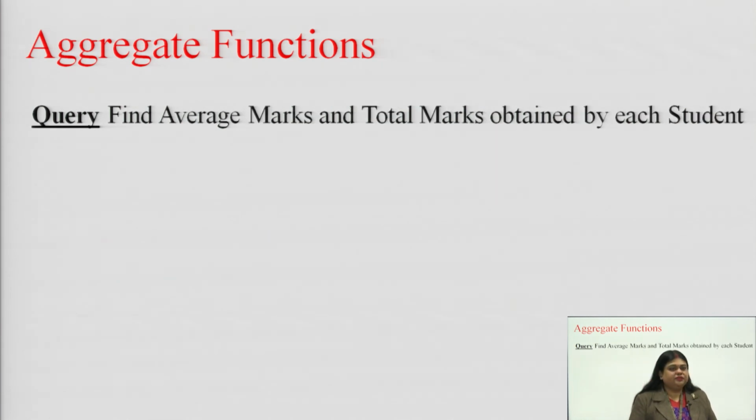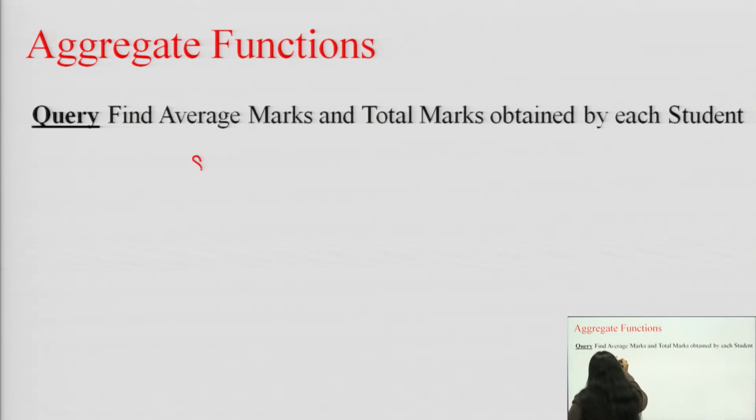Let us move to two more queries, we will do it quickly. The first query says to find the average marks and the total marks obtained by each student, right. How are we going to do it? We are going to use the average function and the sum function, both of them.